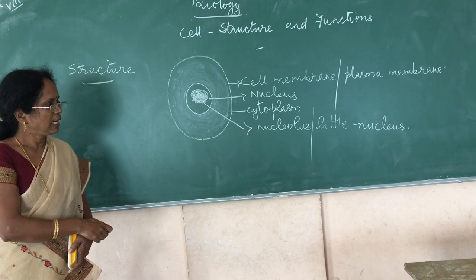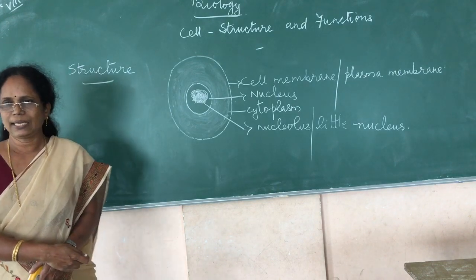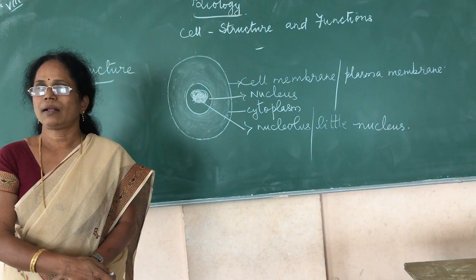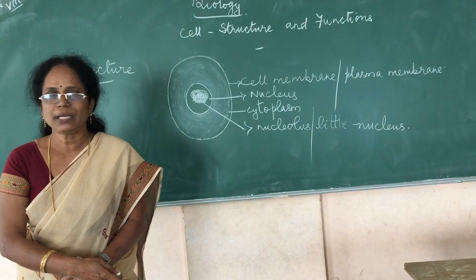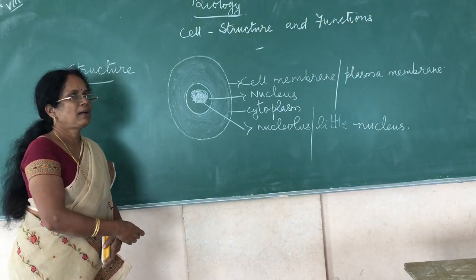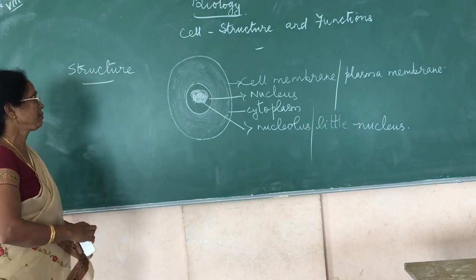Now when we take up a plant cell, we discussed that it consists of chloroplast and cell wall, which are absent in an animal cell. Chloroplast is one of the plastids.